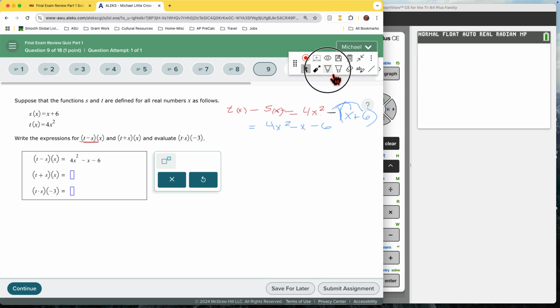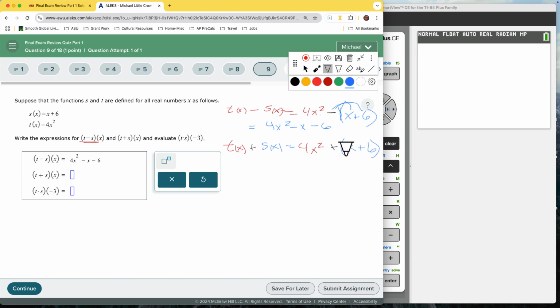Now we can get a little sloppy with the second one because it's addition, but it's the same concept. It's t of x plus s of x, and so it is 4x squared plus, just for consistency's sake, x plus 6.